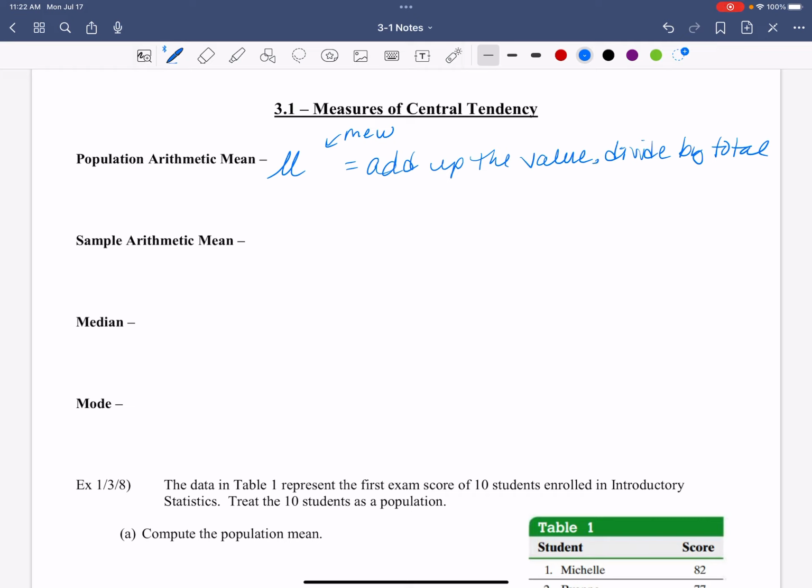I'll put a comma there. So that is what you're doing. So here are the symbols that go with it. So I have the mu here, or this mean, is equal to the sigma x sub i divided by capital N. Because it's a population, that's what makes it a capital N, right?